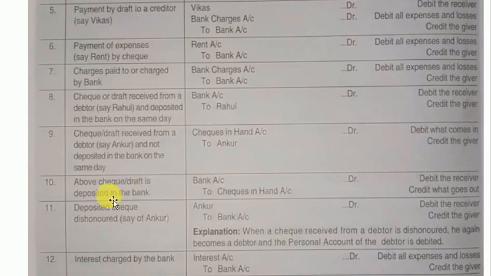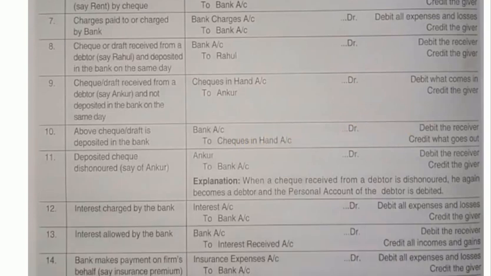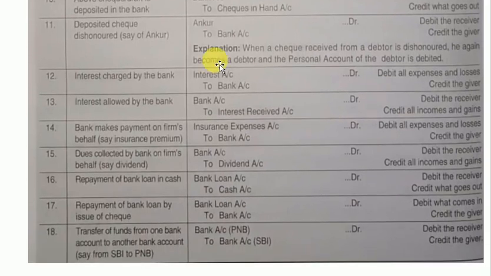Above check or draft is deposited into the bank. That means this check or draft was received, and right now we are going to deposit that particular draft or check into the bank. So the bank automatically increases. So the entry will be bank account debit to check in hand account. Now let's proceed to another entry, that is deposited check dishonored.